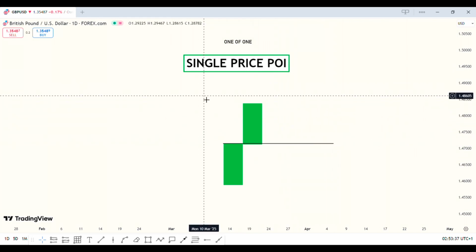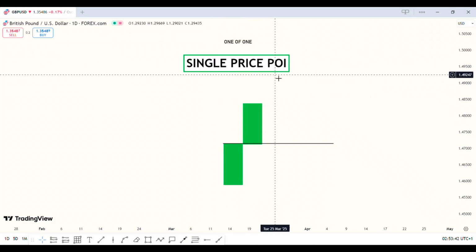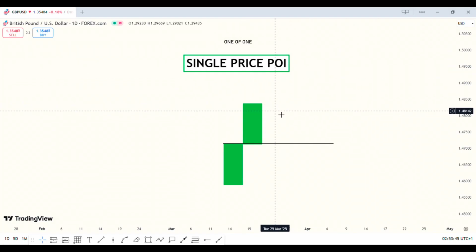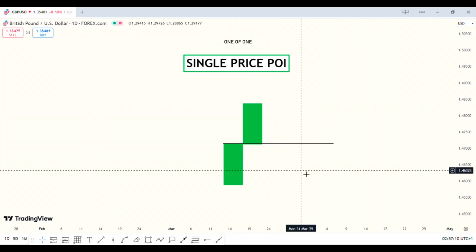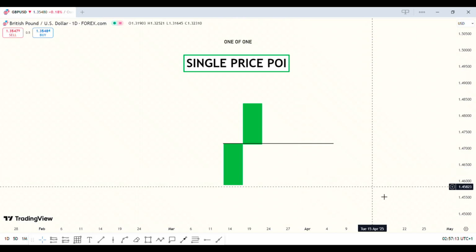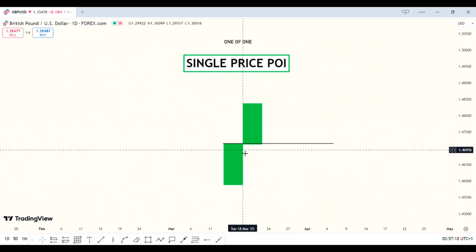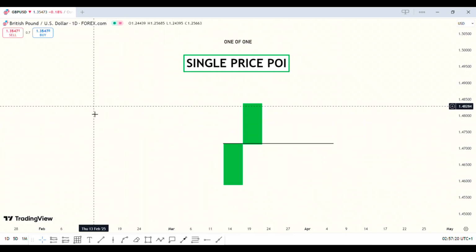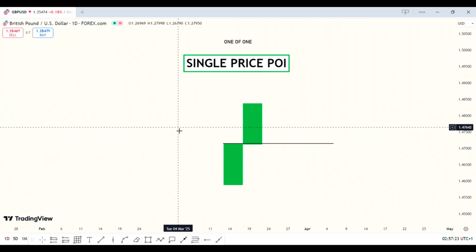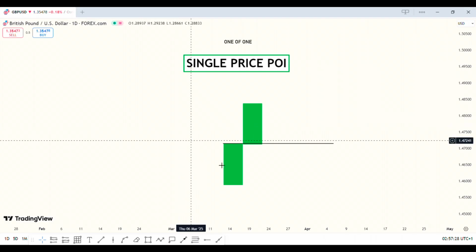Before we dive into the charts, let me explain, because to be very honest, within an order block, a supply and demand zone, a fair value gap or whatnot, within a major POI, you're going to find multiple closing prices of multiple candlesticks inside that zone.